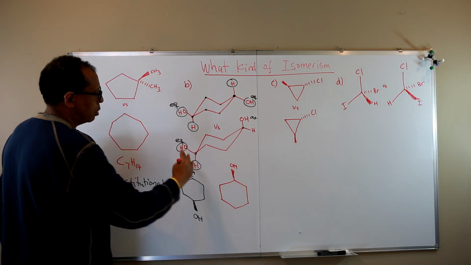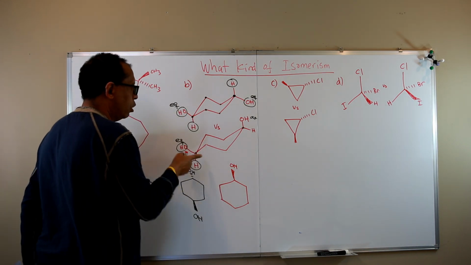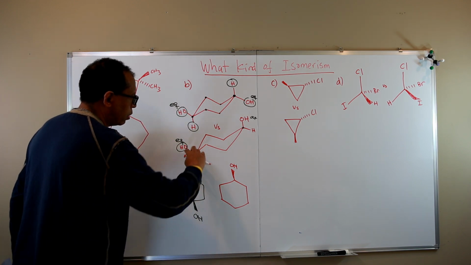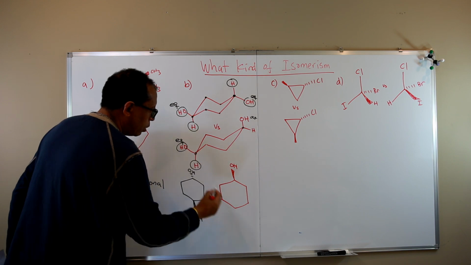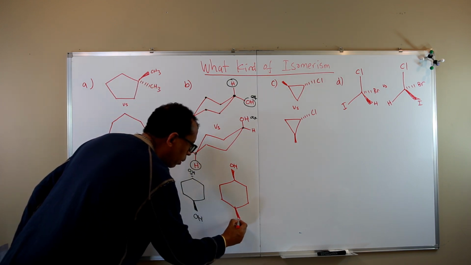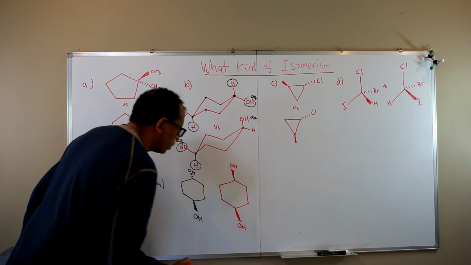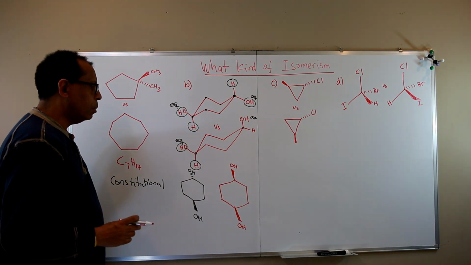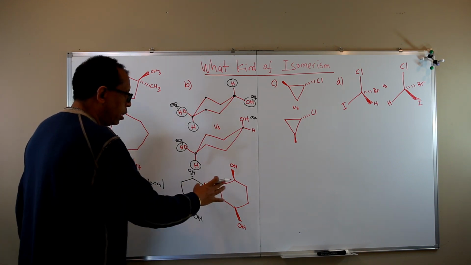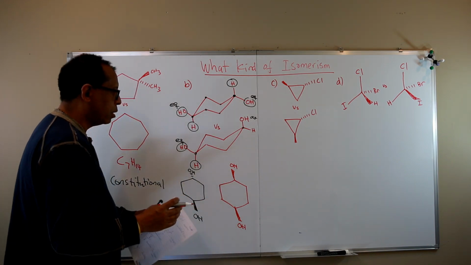Equatorial, which is also pointing up, on top of the plane of the cyclohexane chair. So this is also up. We draw it as OH. So if you just look at this, there is no relationship in terms of what they look like.